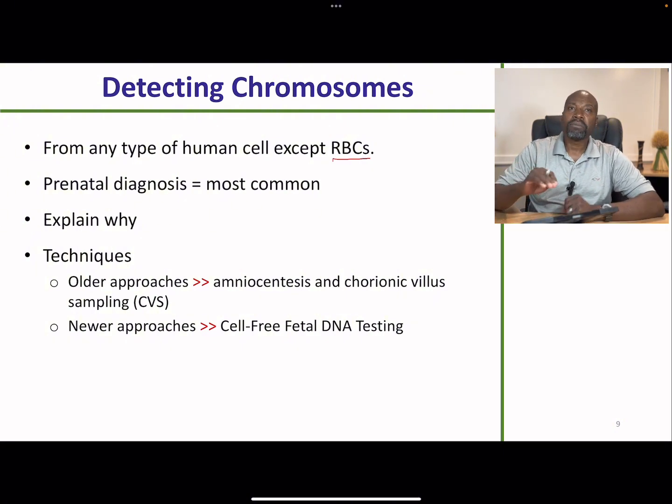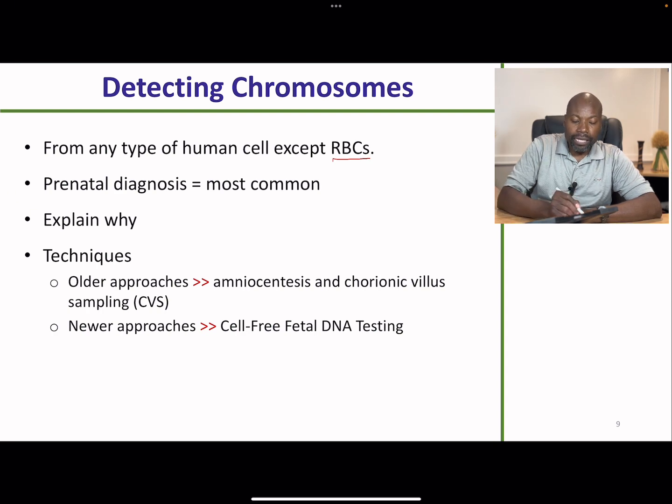All other cells, white blood cells, skin cells, liver cells, muscle cells, nerve cells, kidney cells, you can use them to analyze your genetic information. So I did explain why you cannot use red blood cells and why you can use other types of cells.